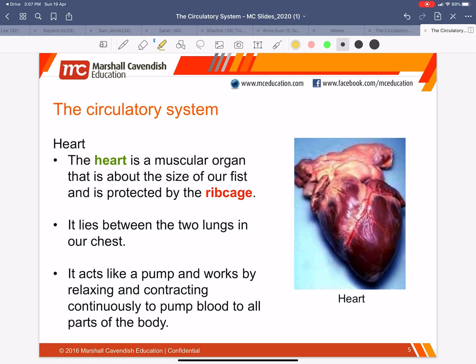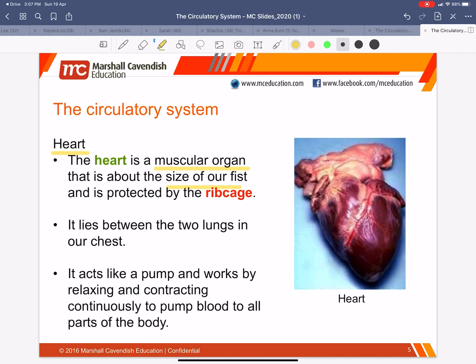Now, moving on to the next slide. Now, the circulatory system, let's talk about the heart in particular. Now, the heart is a muscular organ, okay, that is about the size of our fist. Now, a lot of people think, just a side note, that the heart is located on the left side of our chest.